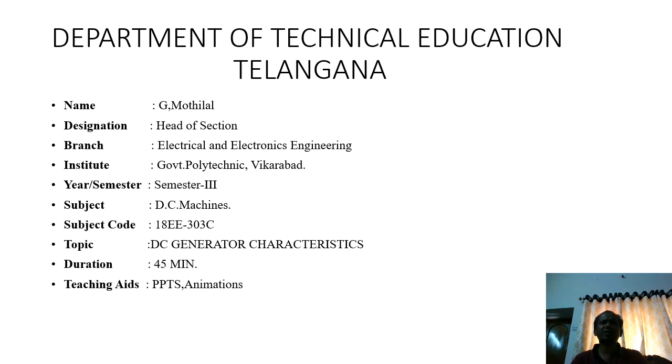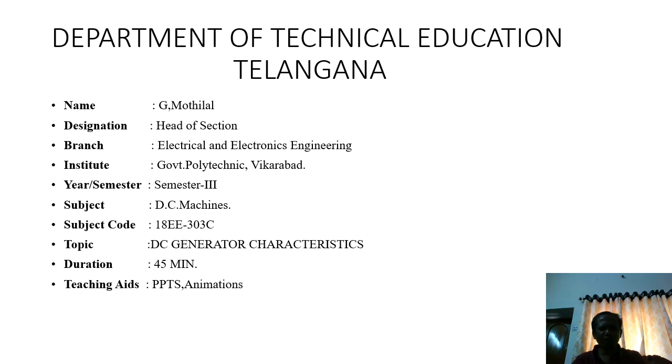Characteristics are information provided on the performance of a DC generator at different loads. Means the performance of a DC generator is shown through the characteristics. When a separately excited DC generator is working, you will get its performance characteristics.